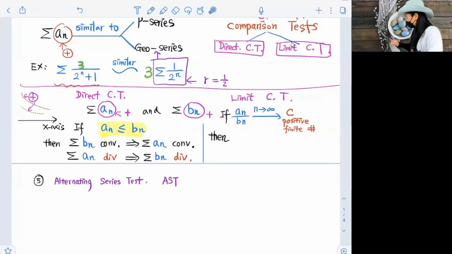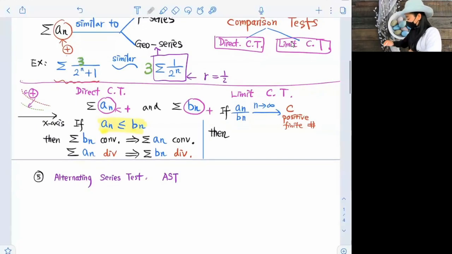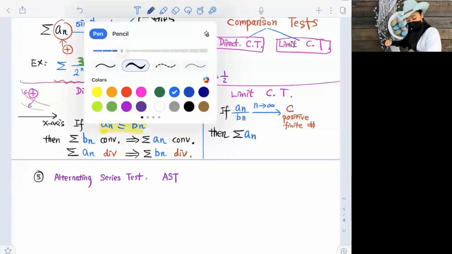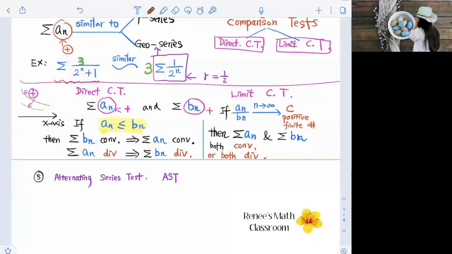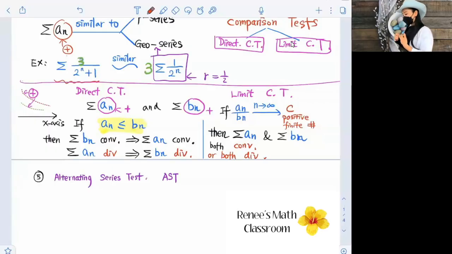So if the series converges, then 2 times that series also converges. So the series will either both converge or both diverge. They die together or come together. So that was the difference between the two. In my opinion, I think the limit comparison test is much easier to use, especially when the An and Bn are a little bit complicated.